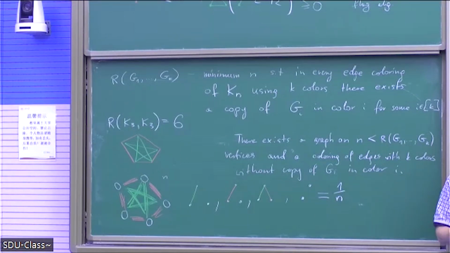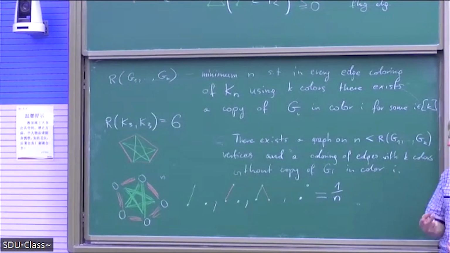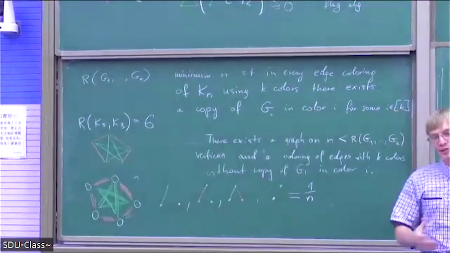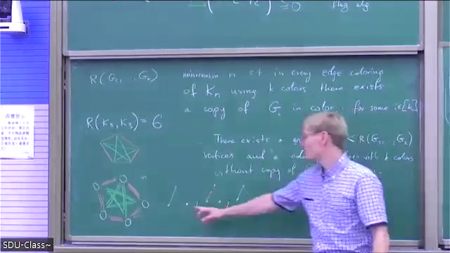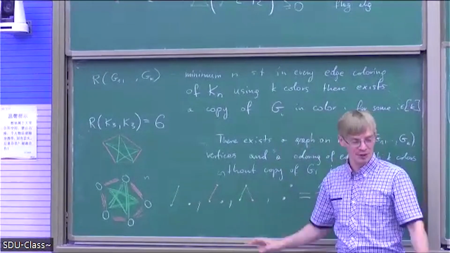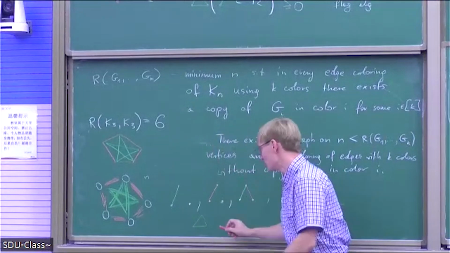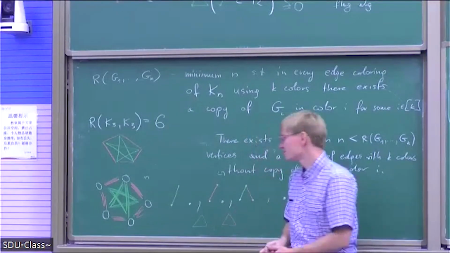Okay. So what I can do now using flag algebras, I can consider a world of graphs with 2 colors on edges, red and green, with the additional assumptions that those 3 things do not appear, and also that I don't have a monochromatic triangle.